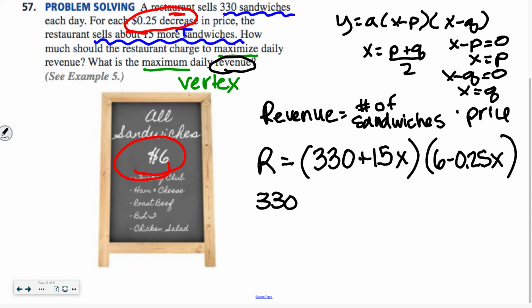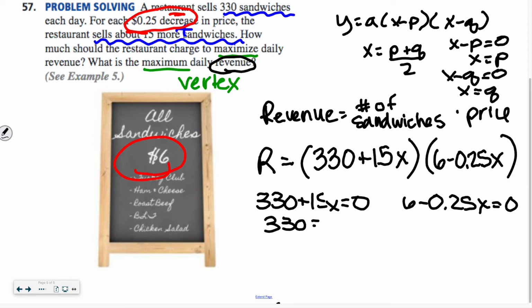So 330 plus 15x equals 0. And 6 minus 0.25x equals 0. Maybe I'll do 330 equals negative 15x, divided by negative 15.